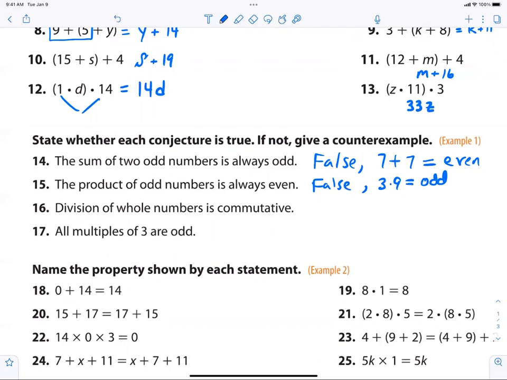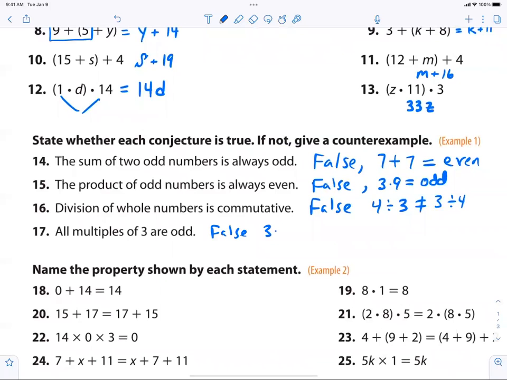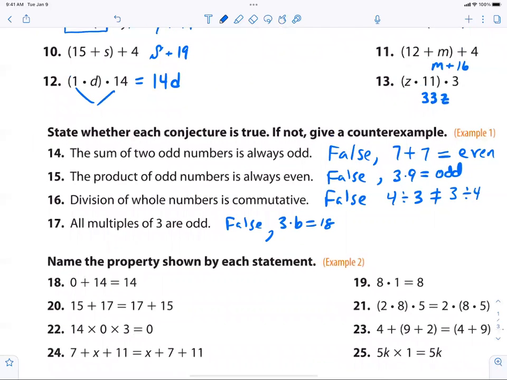Next, true or false? Sunshine. Oh, false. Give me an example. What if I put 3? You are exactly correct. 4 divided by 3 is not the same as 3 divided by 4. All multiples of 3 are odd, false, because 3 times 6 is 18. Very nice. So they were all false. All right. Hopefully you understand what a counterexample is.